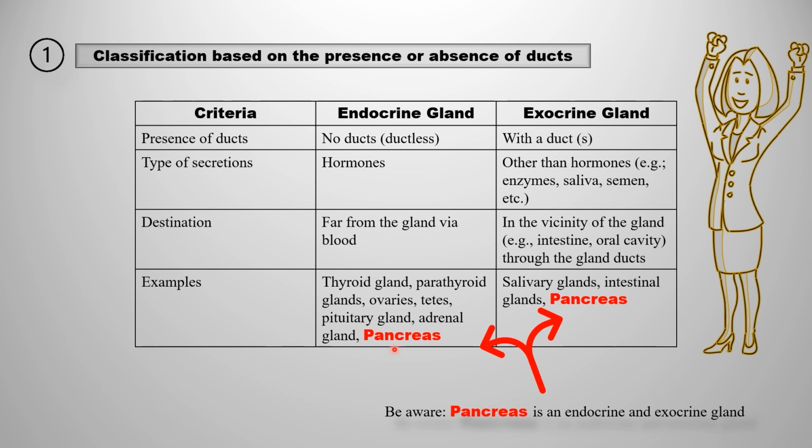Be aware, I put the pancreas in red. Let us see what is going on. Here are the salivary glands, the intestinal glands, the pancreas. So the pancreas comes in both of them? Yes. Be aware, the pancreas is an endocrine and exocrine gland at the same time.